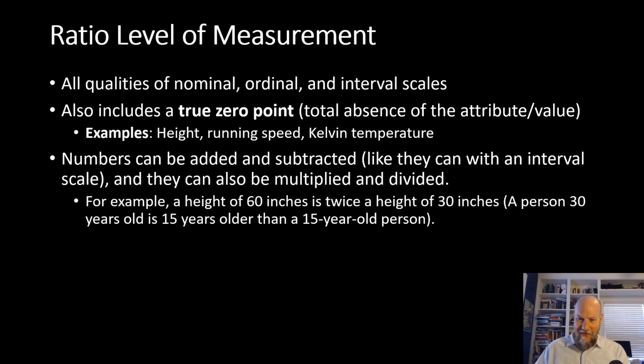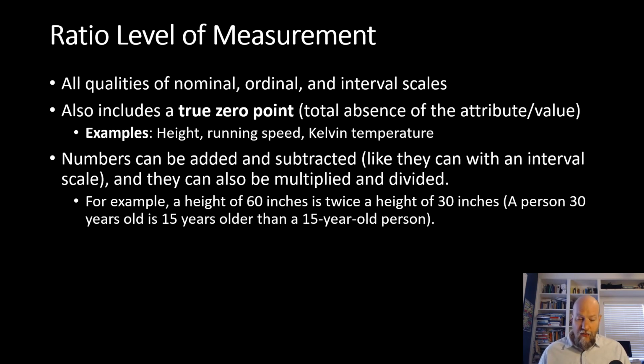We'll get into the physics of that for a moment, but you get my point. Running speed: if you're not moving at all, the speed that you're running at is 0, and that is meaningful. The Kelvin scale actually has absolute zero, which is where atomic motion ceases. It has a meaning that is referenced in that way within the scale itself.